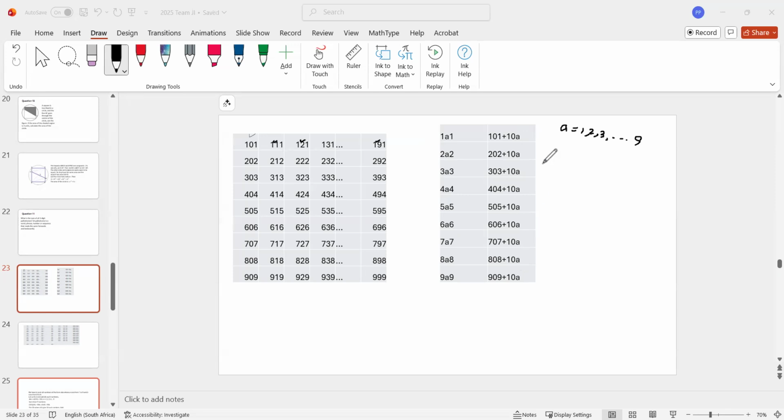The A changes. A equals 1, 2, up to 9. The values of A are from 1 to 9. It's a 3-digit number, you see.